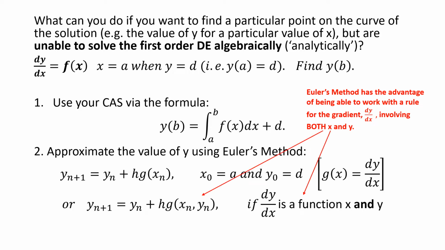So, for instance, if our rule for dy dx is a function of x and y, it could be a function of y alone even, then we can still apply the previous x and y values in the iteration to our rule for the derivative and get the successor y value, and then we add the step size to the previous x value, and so on and so forth. So it works perfectly well with whether our rule for the derivative is in terms of x and y, or in terms of y alone. So it does have that advantage.